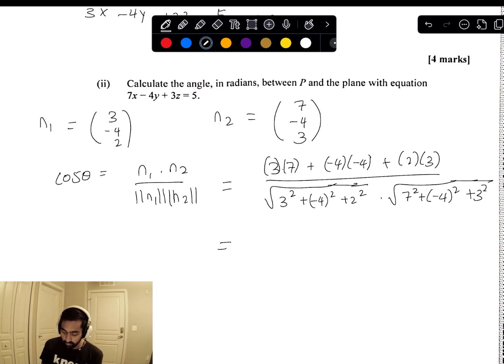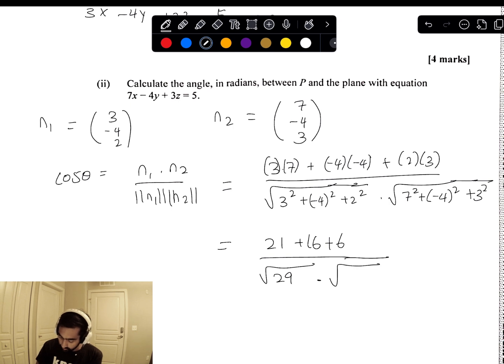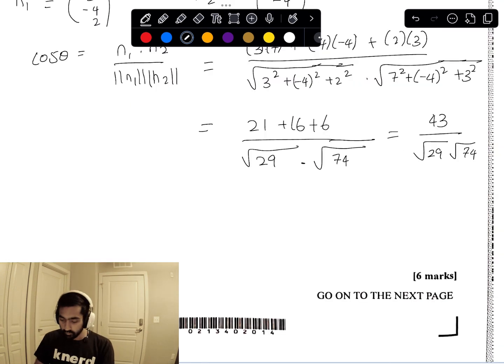So now if you plug it all into your calculator, you're going to get 21 plus 16 plus 6 all over the square root of 29 times the square root of 74. This is equal to 0.928.